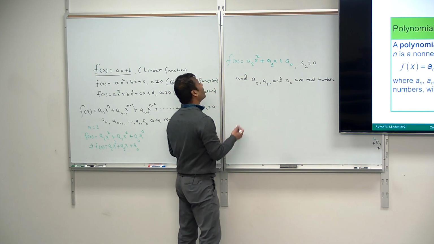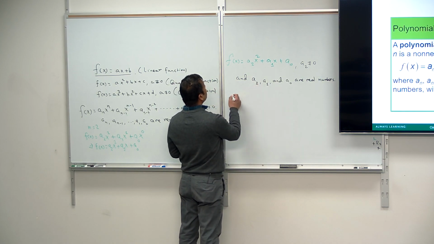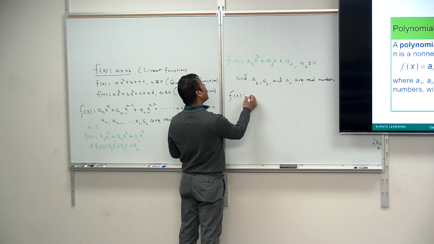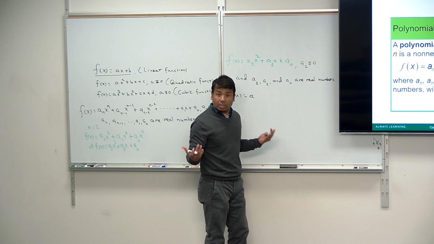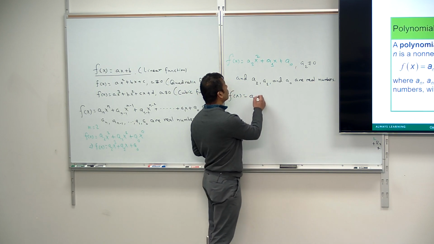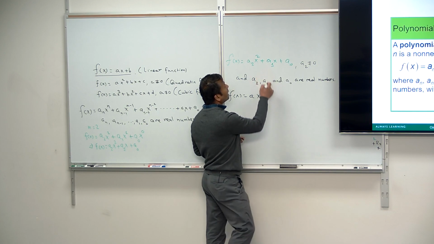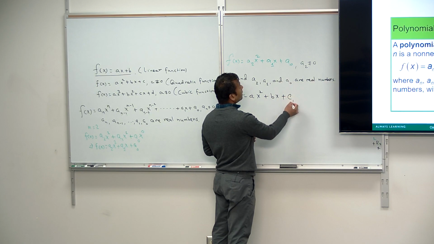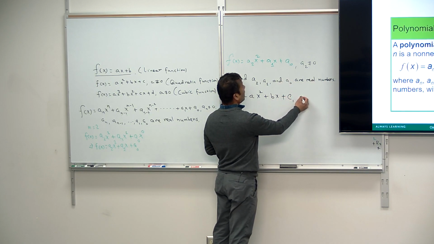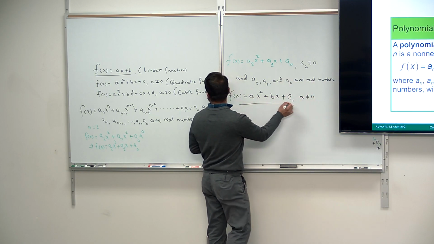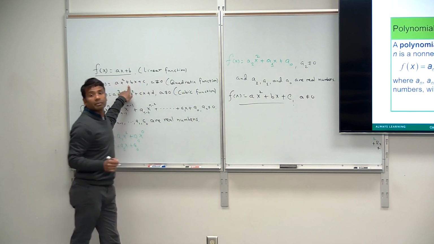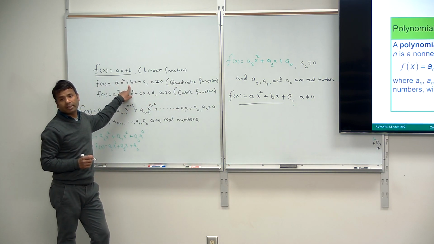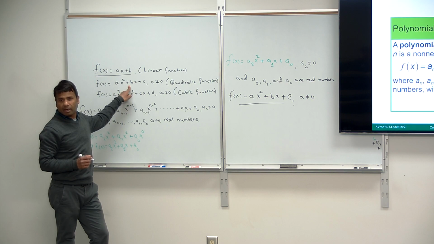Because these are real numbers, you can replace a2 by a, because a is also a real number. So ax squared plus, if you replace a1 by b, bx, and if you replace a0 by c, where a is not equal to 0, what is this? This is exactly a quadratic function. Did you see that?